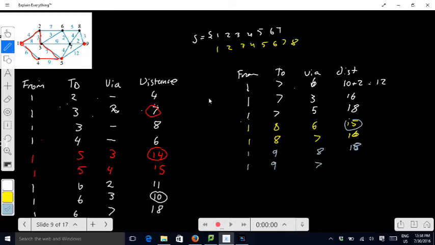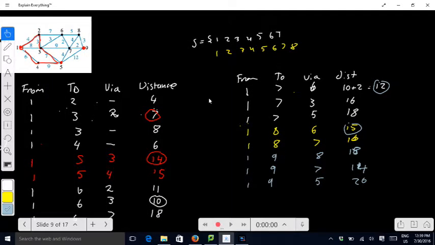And I said 1 to 7 was 12, plus 2 from 7 to 9, so that's 14. And I could go from 1 to 9 via 5, and 5 was 14. To get to 5 plus 12 gives me 26, so I definitely don't want to go that way. So now I've got 1 to 9.